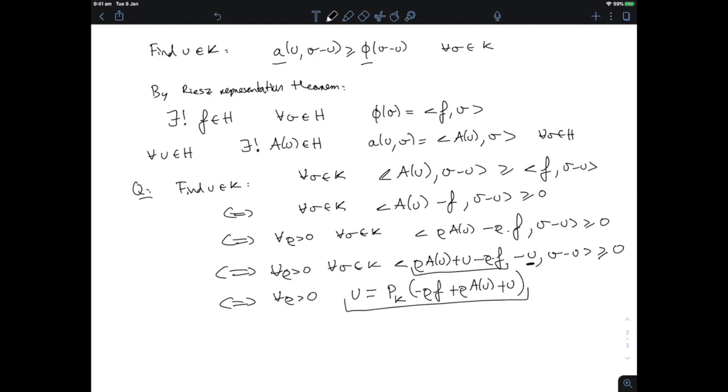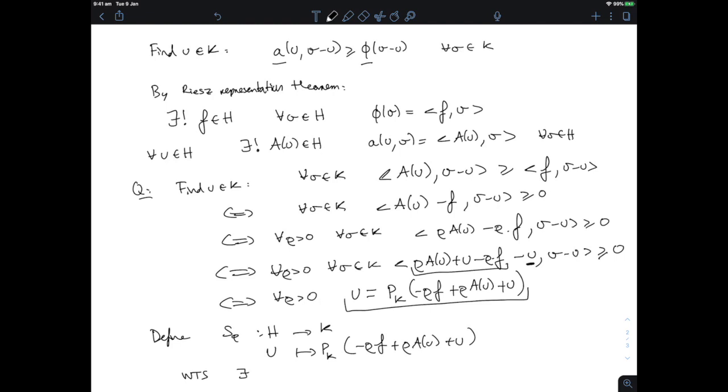Okay, so what we are looking for really is a fixed point equation here. And I have u on the left hand side and a function of u on the right hand side. So I'm going to define a map, let's call it S subscript rho, from H to K, that takes an element u to the projection onto K of minus rho times f plus rho times A of u plus u. And what we want is a fixed point of that map.